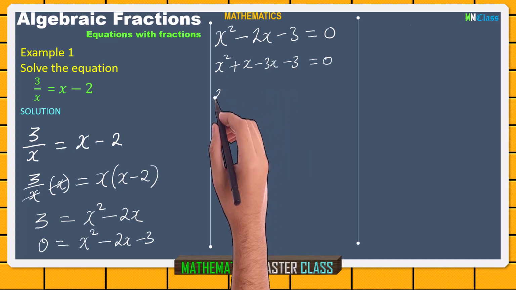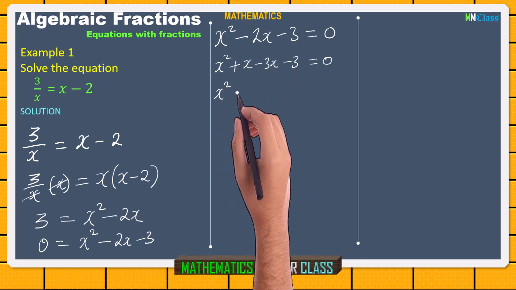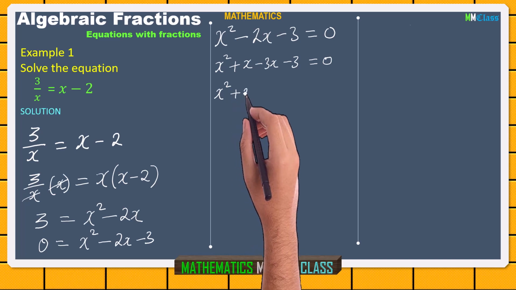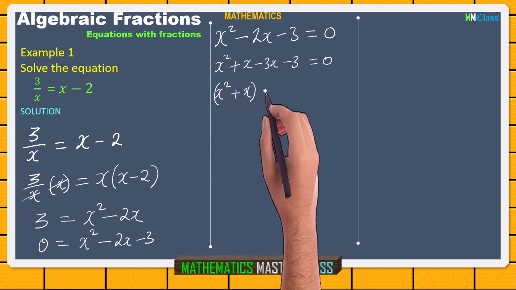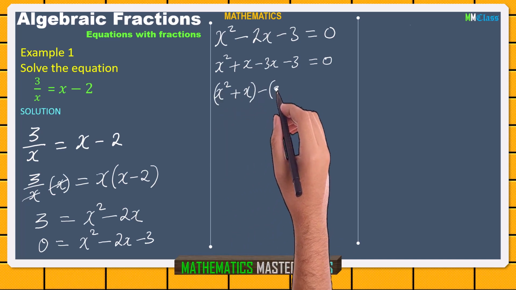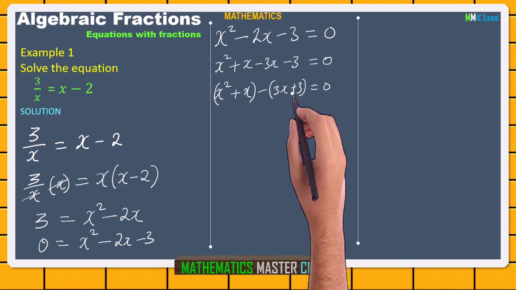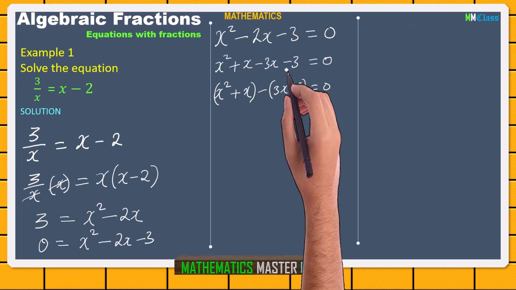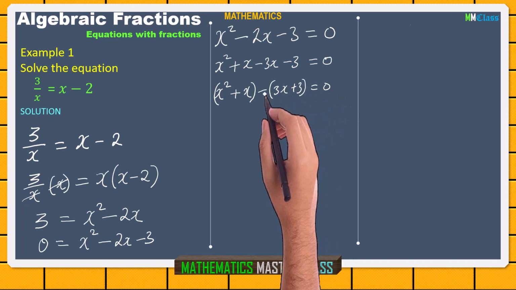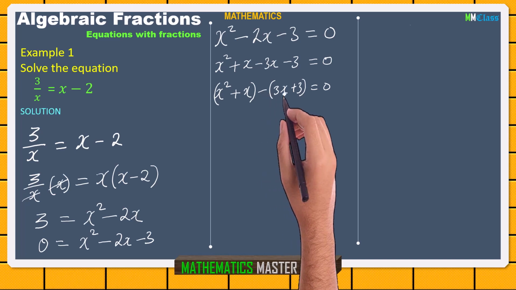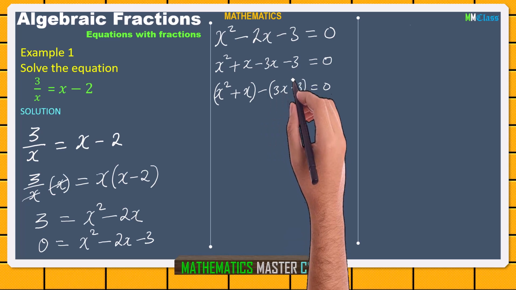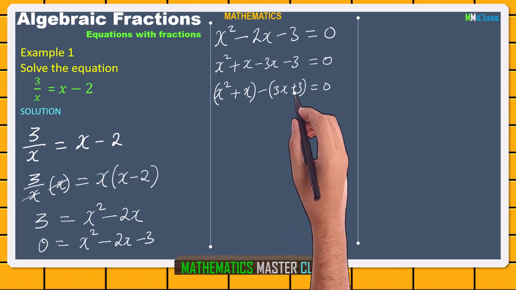So if we continue, we have x squared plus x, put in a bracket, minus 3x plus 3 equal to 0. Remember, this sign has become plus because of the minus. Now we have a bracket in front of the minus, and that is what turned this minus to plus. So take note of that.